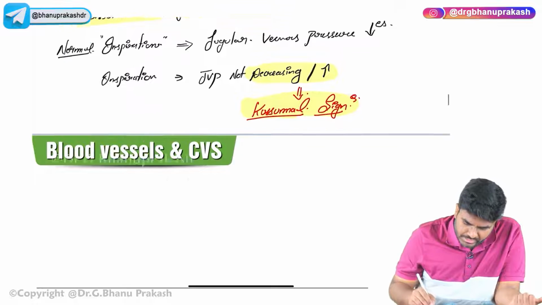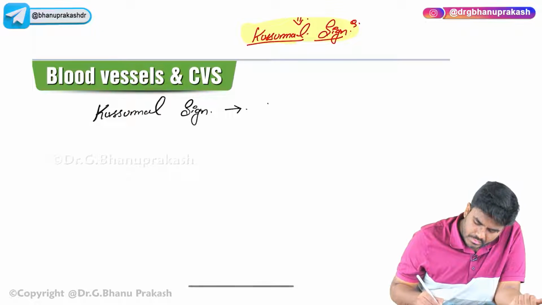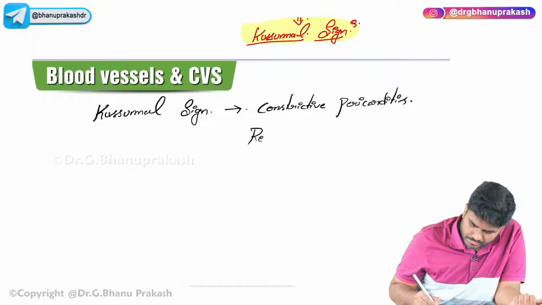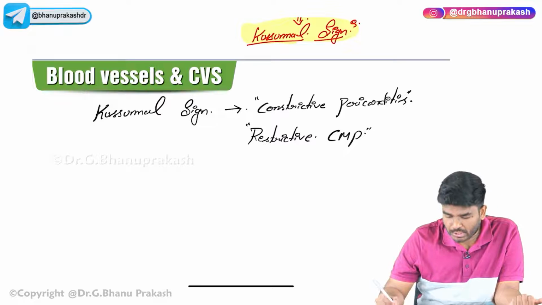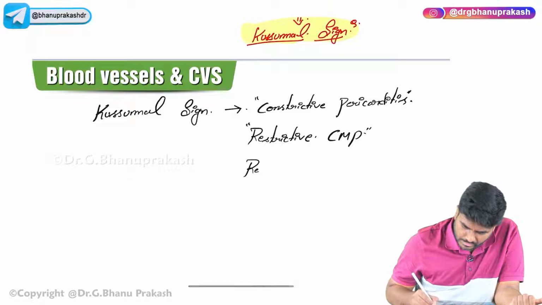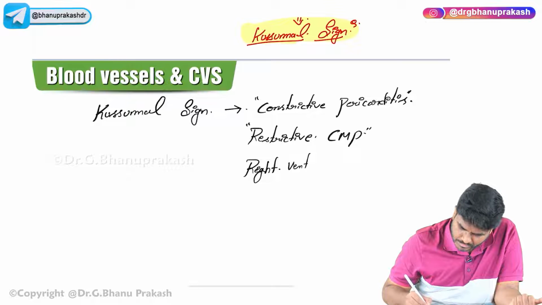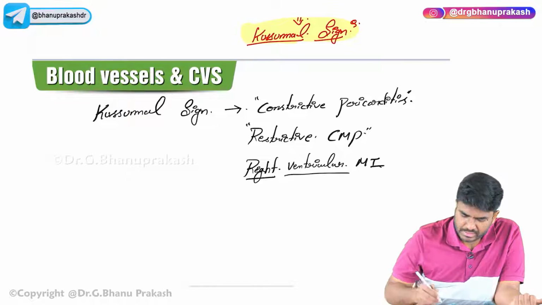The point which I want you to know is that Kussmaul sign is positive in constrictive pericarditis, restrictive cardiomyopathy, as well as right ventricular MI, in right sided MI. So these are the three conditions which I want you to know for your exam.